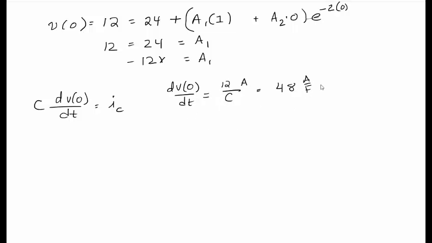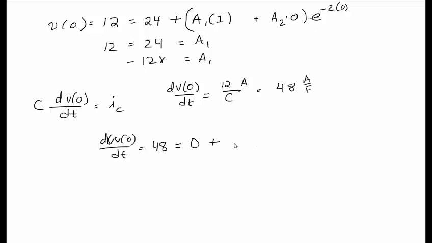So now we take our assumed solution and we find a derivative of it and set it equal to 48. So dV at 0 over dt equals 48, which equals, well, the derivative of a constant is 0, plus, and now we have to find a derivative of these two terms.